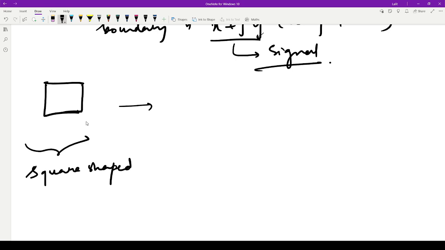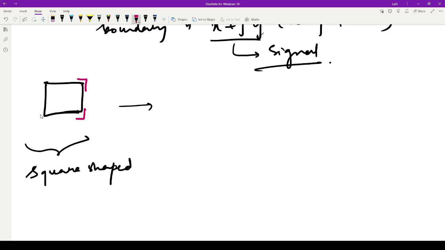When we did the Fourier transform initially, we took the intensity values and took a Fourier transform. But here we are taking pixel coordinates, so both are completely different. Here it contains both low and high frequency points. High frequency because you can see sharp transitions at these corners.